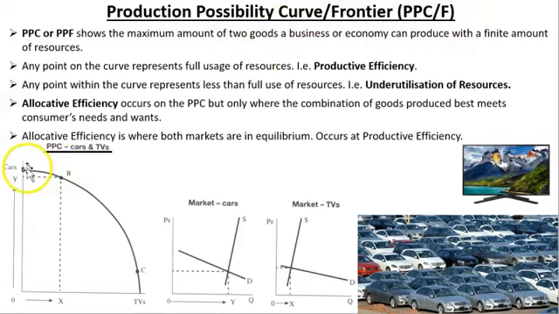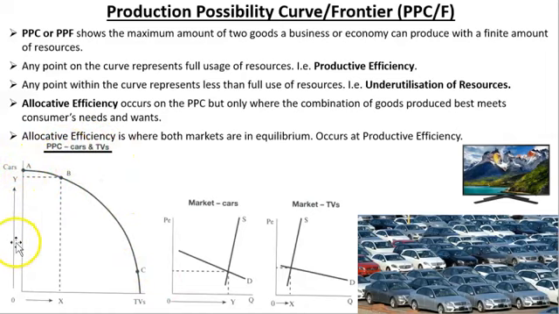So it's a model because it represents behavior and outcomes from the perspective of a producer or an entity, a thing that has resources. So if we look down the bottom here, PPC, cars and TVs.